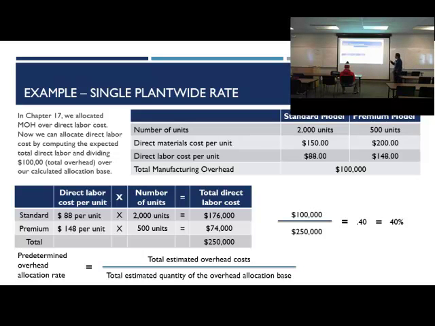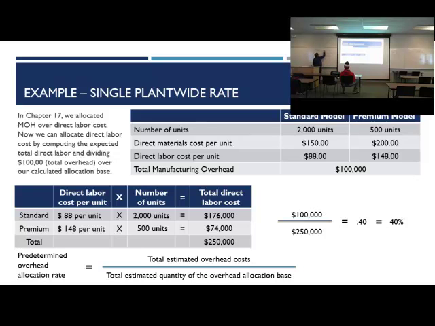Okay? Now, without going on to the next slides then, let's assume that we wanted to calculate on a per unit basis. So direct labor on a standard unit, what would it cost us? So standard model, direct materials. What is it costing us for 1 unit? 150. What about direct labor?